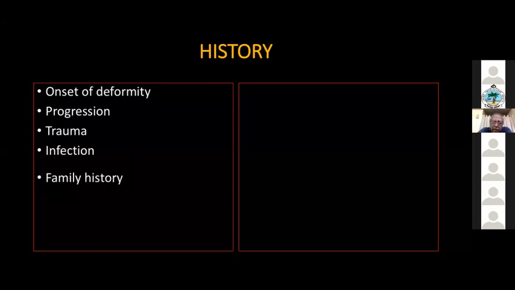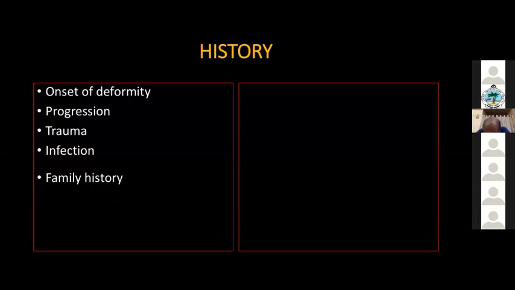In the family history, do you want to look for anything? Whether similar angular deformities were present in the family, similar angular deformities that run in families. Osteogenesis imperfecta will not produce genu valgum, isn't it?